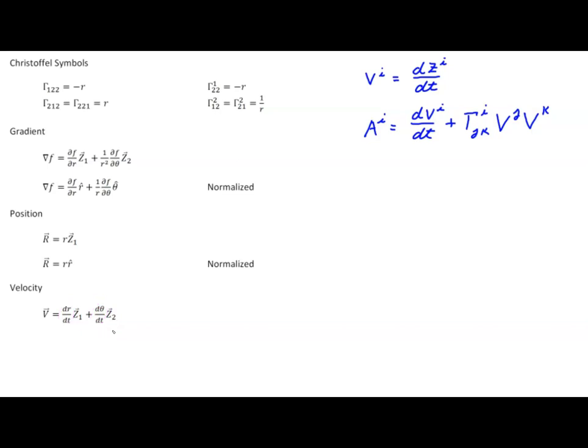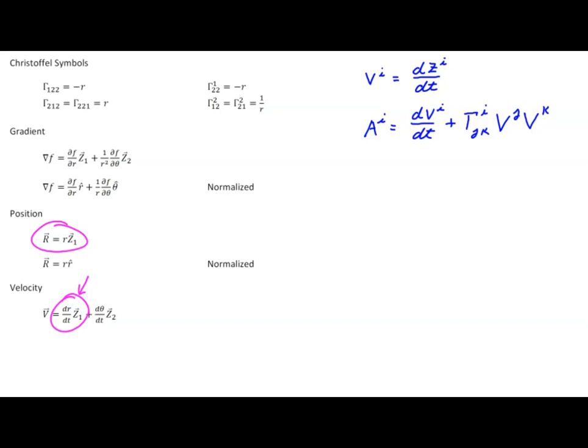Now, it's important to mention at this point, a common mistake here is to just assume that the velocity consists only of this term. Since the position vector doesn't have a z2 component, it's very tempting to expect that the velocity is limited to the z1 component as well. But that's not the case.